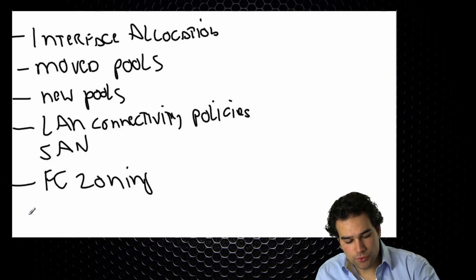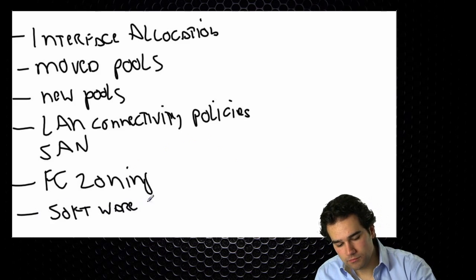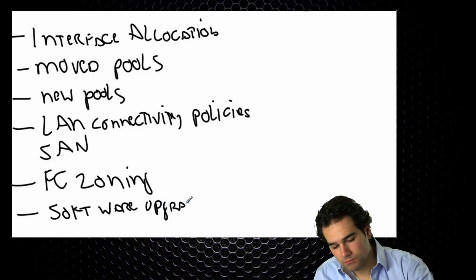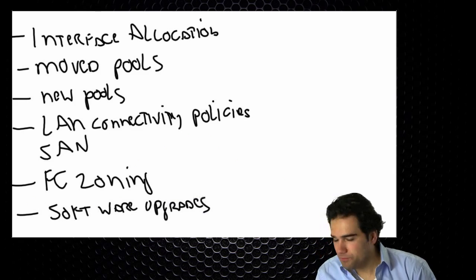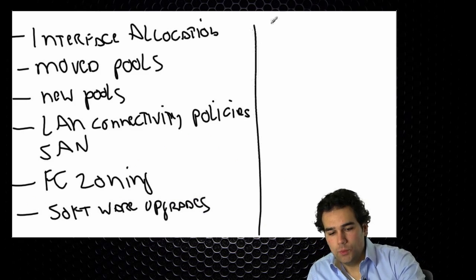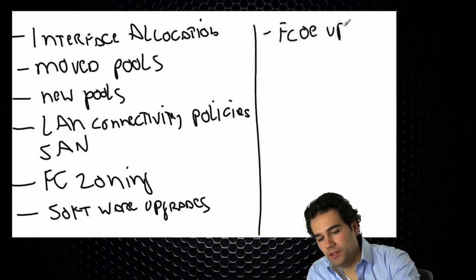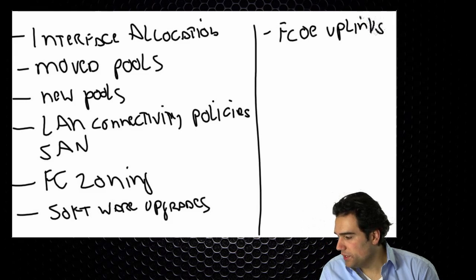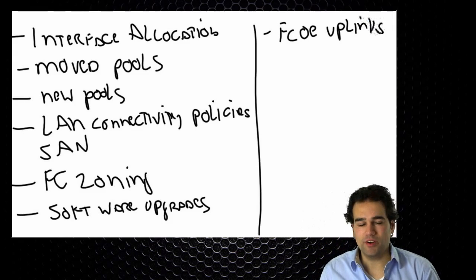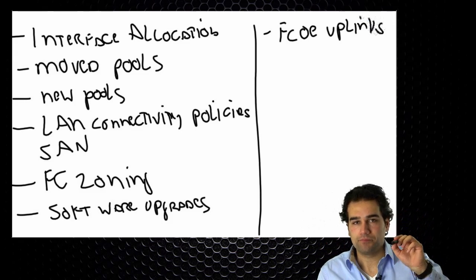Software upgrades. We have a new tool to do software upgrades. We can run fiber channel over Ethernet uplinks. As I mentioned before, currently in 2.0, we can only do fiber channel over Ethernet between the fabric interconnect and the blade itself.